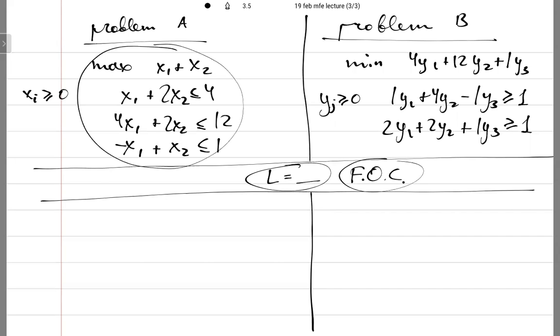We have discussed that when we have a special case of non-negativity constraint, we have two options. Either we can include them in the Lagrangian function, or we can exclude them from the Lagrangian function. In these two cases, first order conditions will be equivalent, but a little bit different.